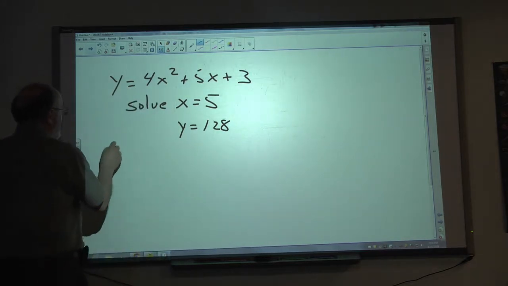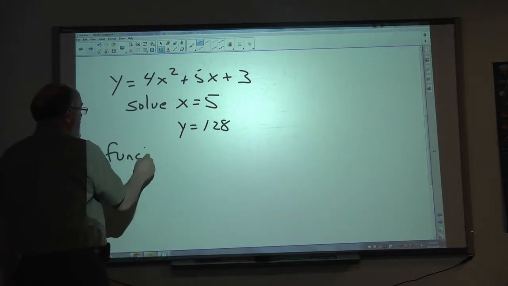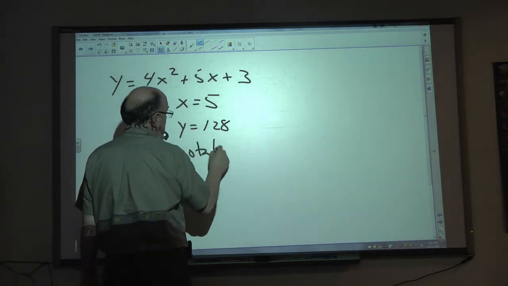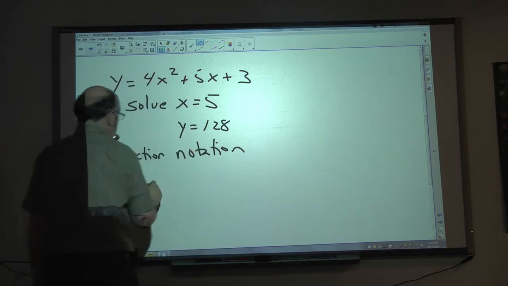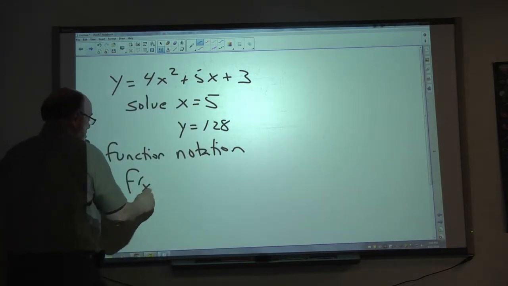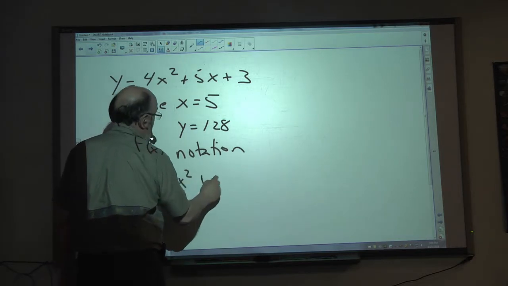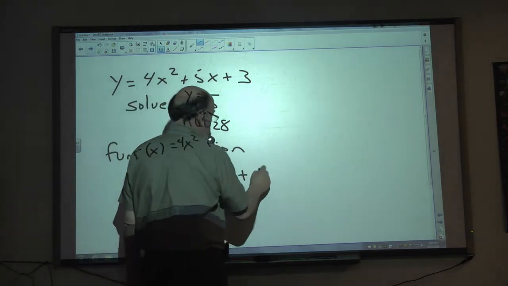So then you get what is called function notation. I can rewrite this same equation saying f of x is equal to 4x squared plus 5x plus 3.